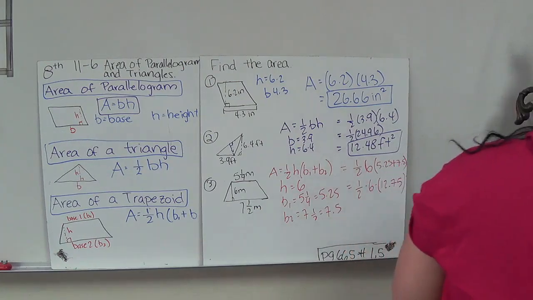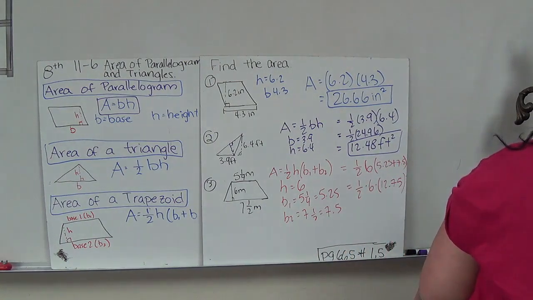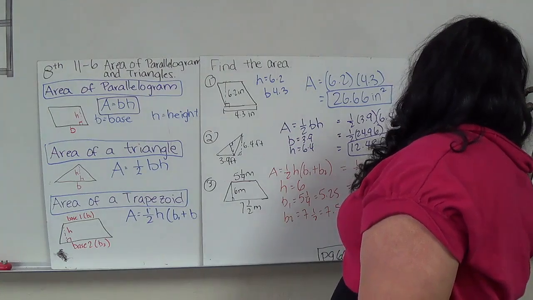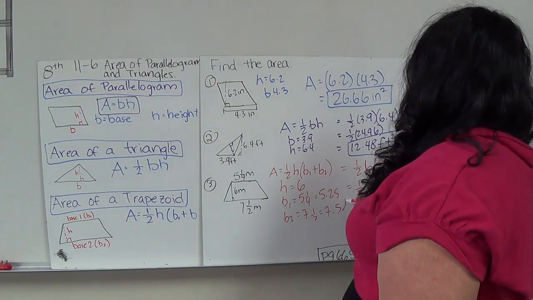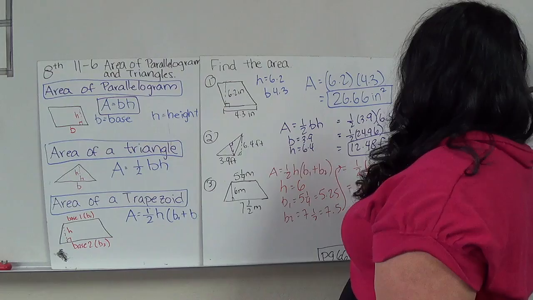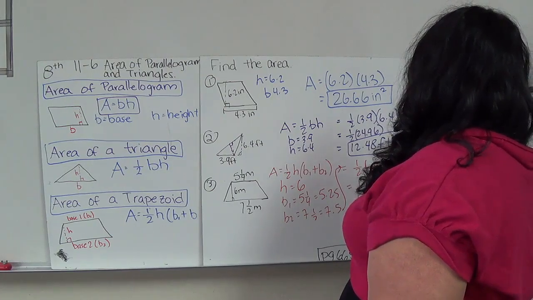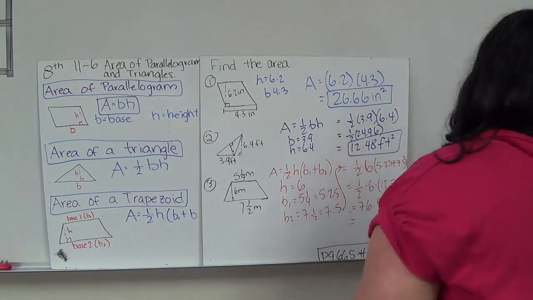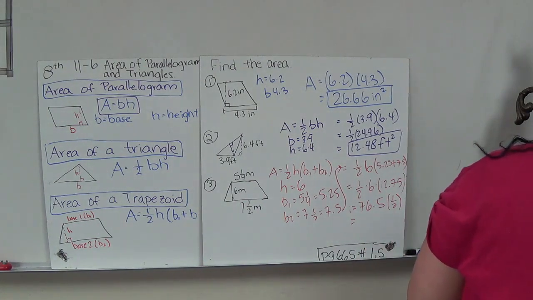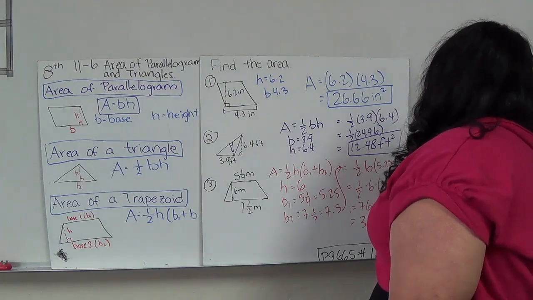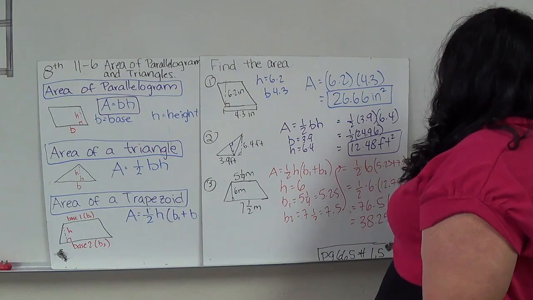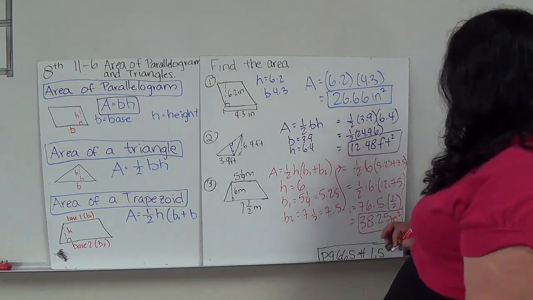So we're going to do 12.75 times 6, 76.5. Okay, and then we're going to times 1/2. We're going to divide that by 2. 38.25, and this will be meters, and again I'm dealing with area squared.